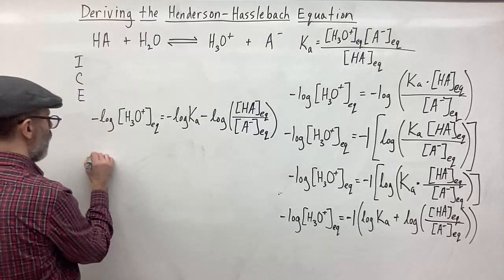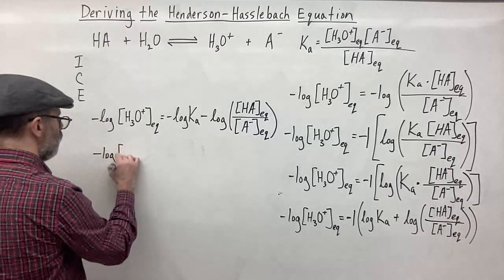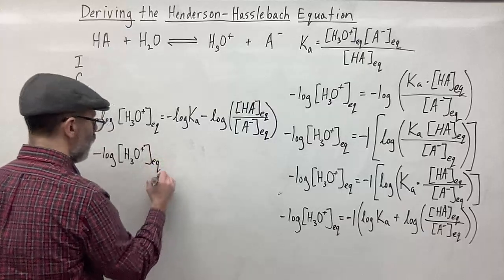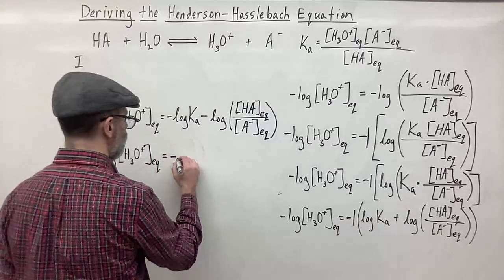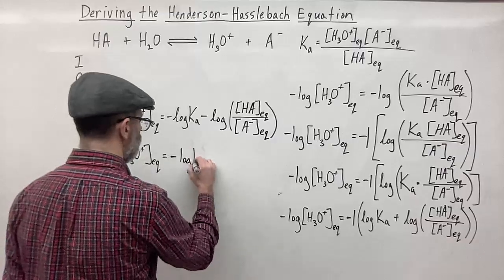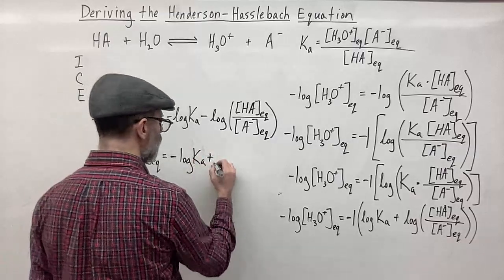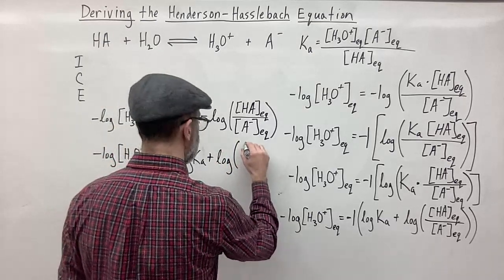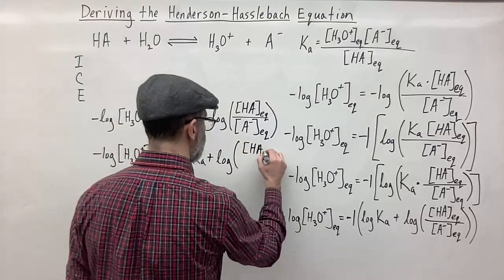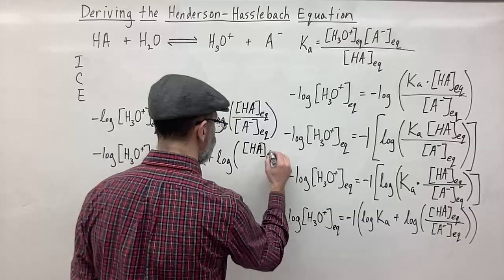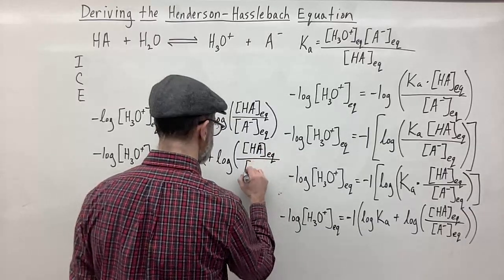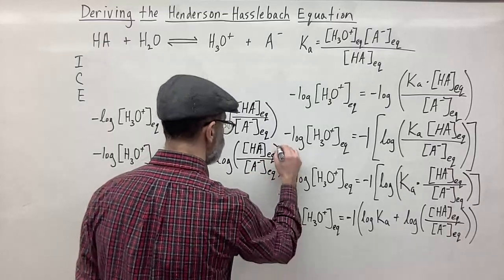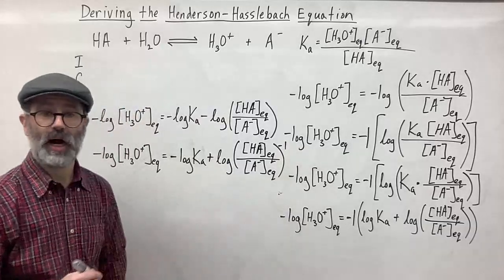So we're now going to have the negative log of H3O plus at equilibrium equals the negative log of Ka plus the log of the concentration of HA at equilibrium over the concentration of A minus at equilibrium to the -1 power.